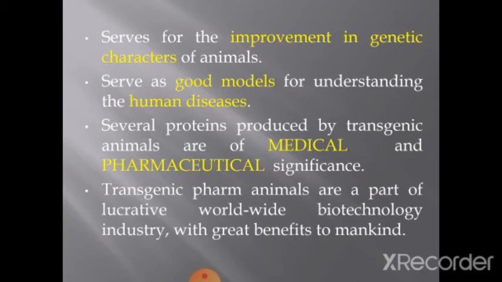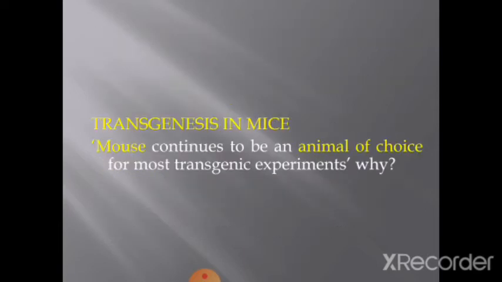Then transgenic farm animals, not FARM, please note, PHARM animals. Transgenic pharm animals today happen to be a part of the lucrative worldwide biotechnology industry with great benefits to mankind.